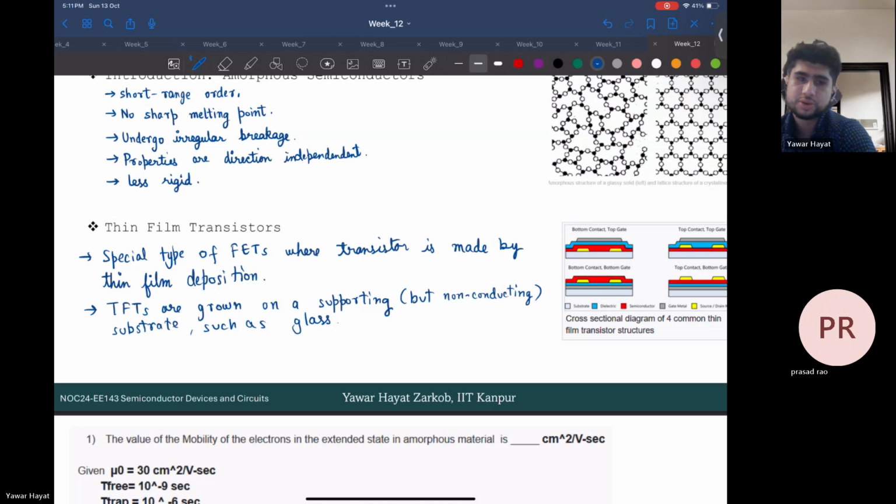Okay. So coming to the application, what is the conventional application of TFTs? They are used in LCD displays, right? Displays constitute one of the major applications of these thin film transistors. Okay, so I guess I should write the last point.